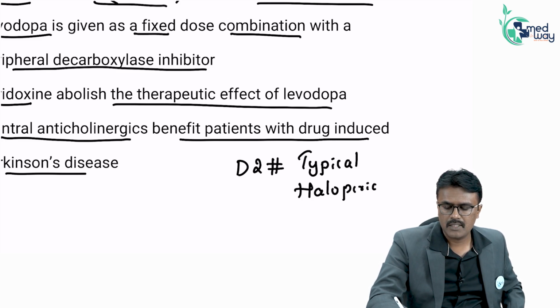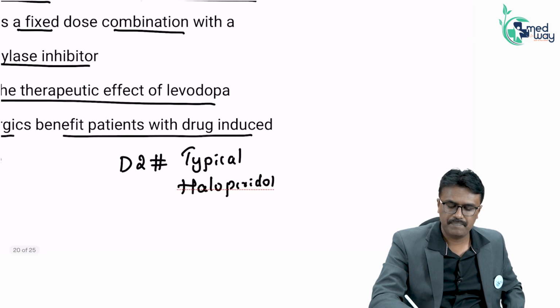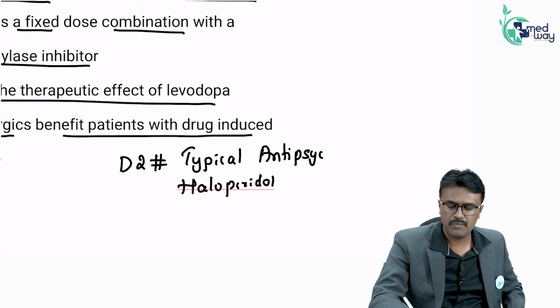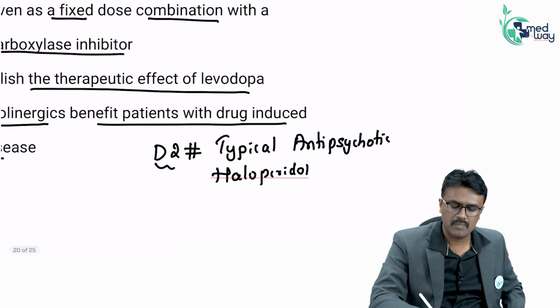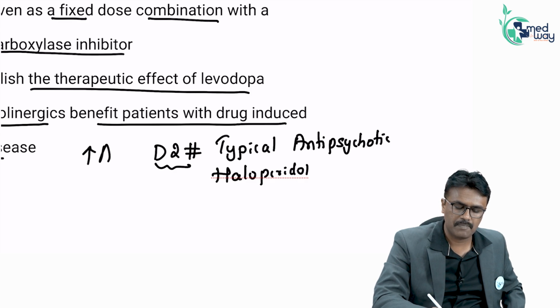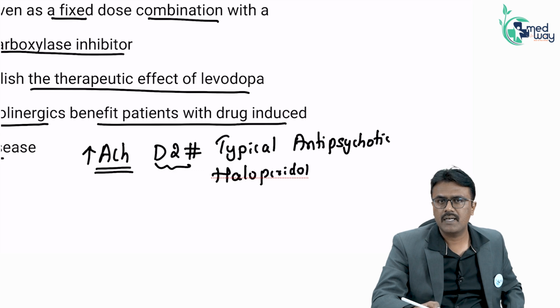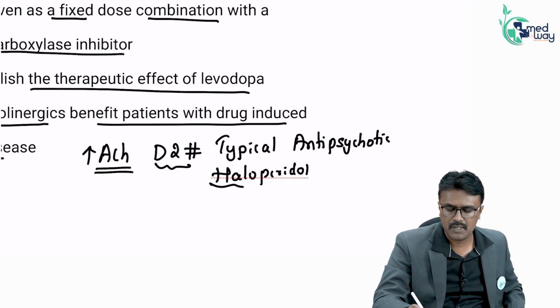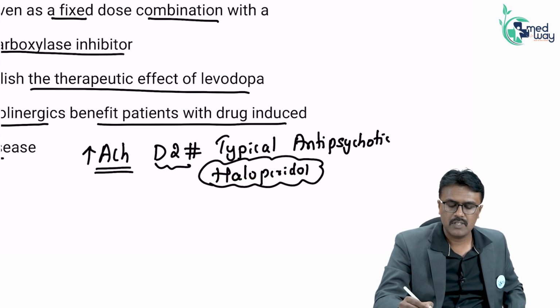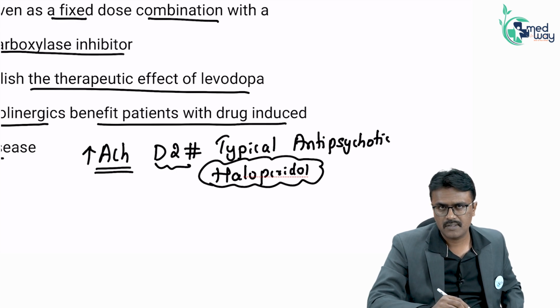Let me write it fully. So if I use it for 1 to 3 months, the D2 receptors are blocked, so acetylcholine goes up. And what happens? The patient develops Parkinson's disease. So it is because of the drug he is developing it. That's why it is called drug-induced Parkinson's disease.